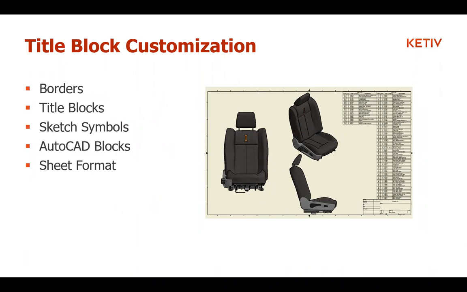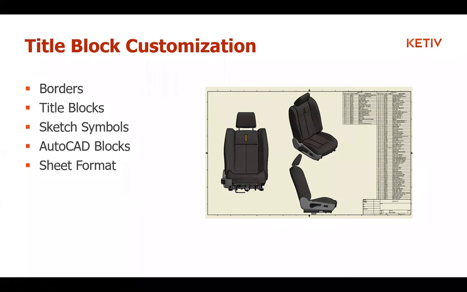So if your company provides or needs and creates common symbols that you'd put in your drawings, you can templatize those as well. And in addition, AutoCAD blocks. If you have AutoCAD blocks that you already have, instead of having to recreate all of them, you can reference them in your templates.